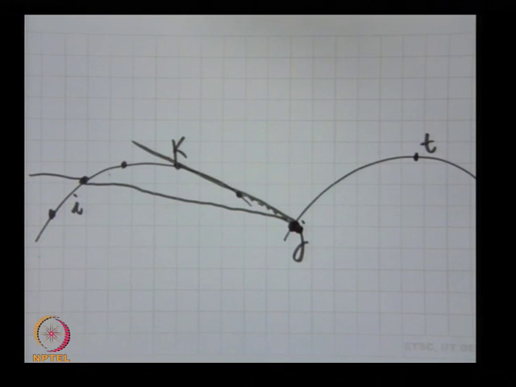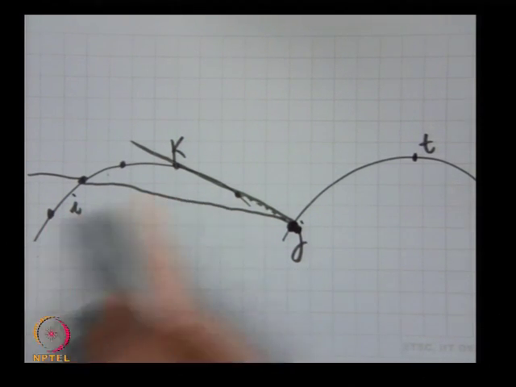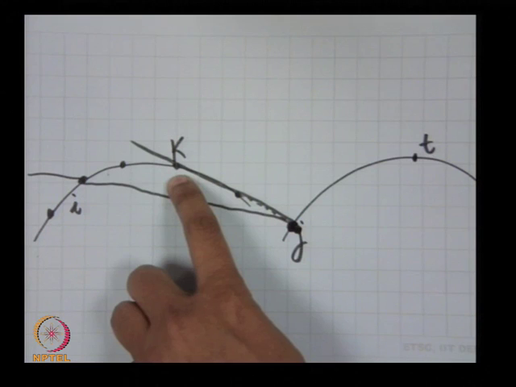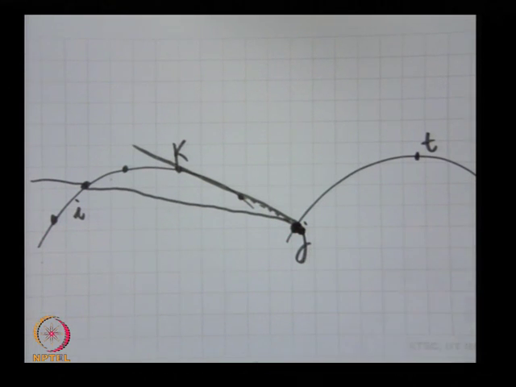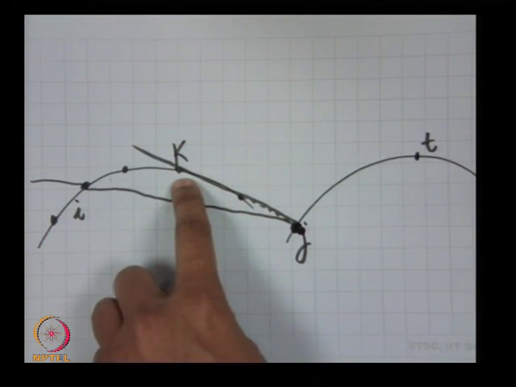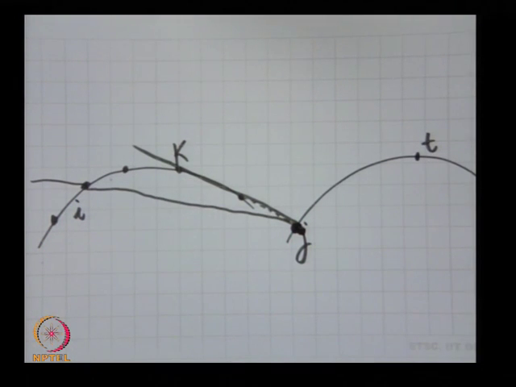If I draw a line from the found K to the chosen point j, can we tell which way the real tangent is? It's exactly by the same rule. Not just the tangent from that point K, but the real tangent also follows the same principle.